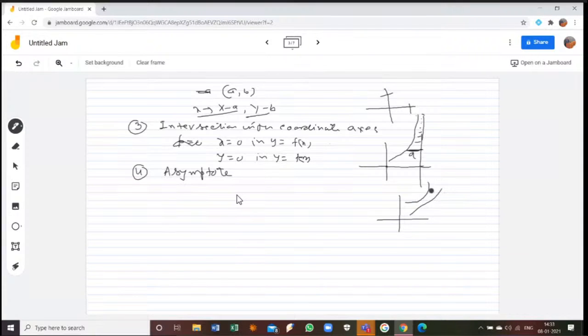As we extend this curve and this line up to infinity, the distance between the curve and the straight line goes to 0 as it tends to infinity, and they never cross, then we can say that this line is the asymptote for this curve.